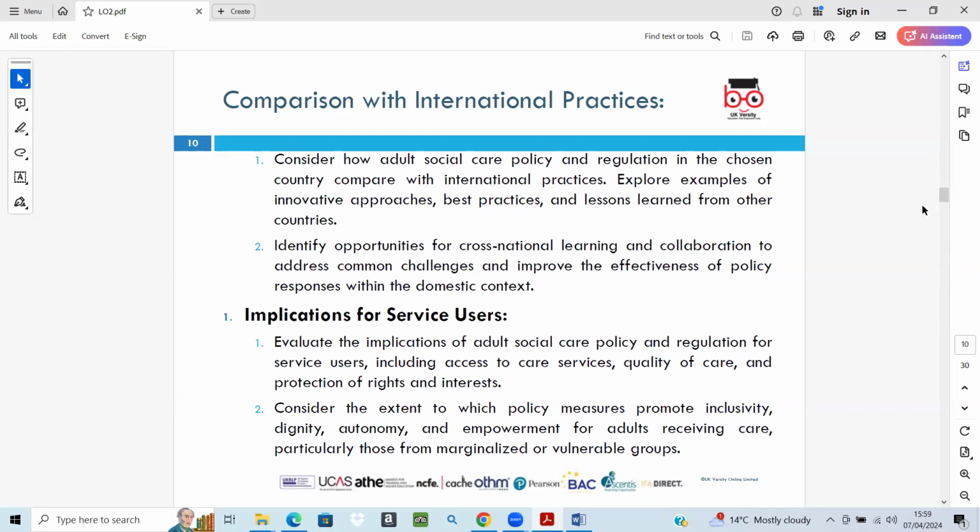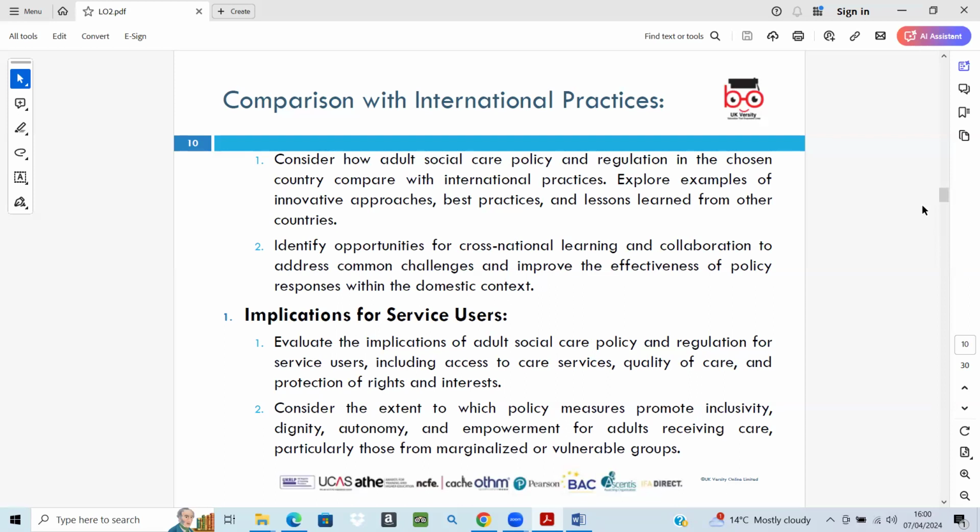Then we always need to protect the rights and interests of service users. So how policies protect the rights and interests of service users, including safeguarding measures and complaint mechanisms. This is important. We always follow the whistleblowing policy.